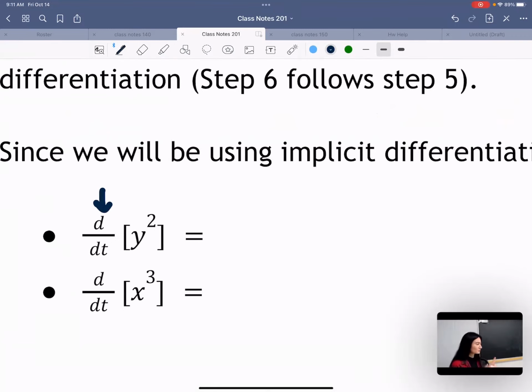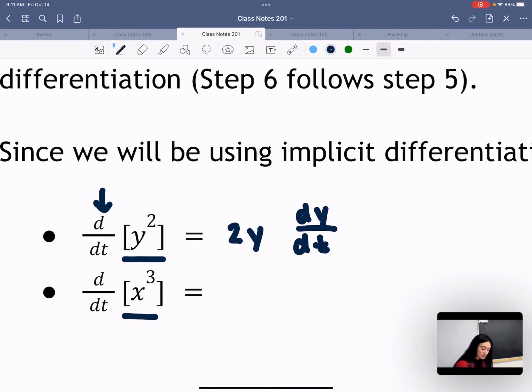Okay, so maybe a good thing for your quiz, what would be the derivative of y squared with respect to t? Sam? 2y dy over dt. Good, 2y dy dt. Very similar to what we did on our quiz. Something that'll be a little bit different from your quiz, just notation wise, is what happens when we differentiate x cubed with respect to t?